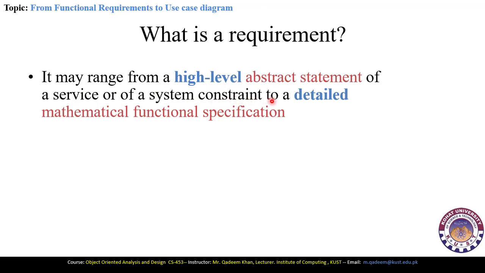and then these high level expectations or system services should be transferred to the functional specifications. So use case requirements represent certain high level requirements of the end users under certain constraints.